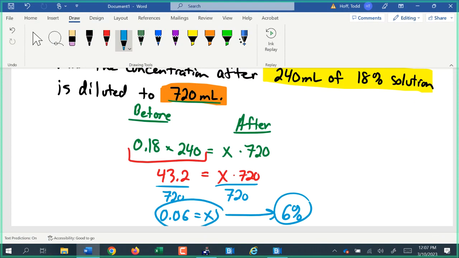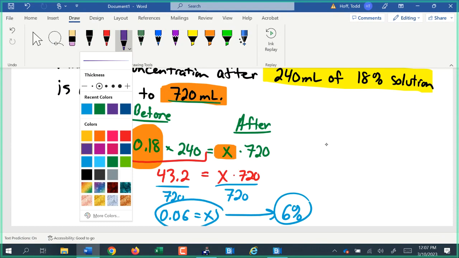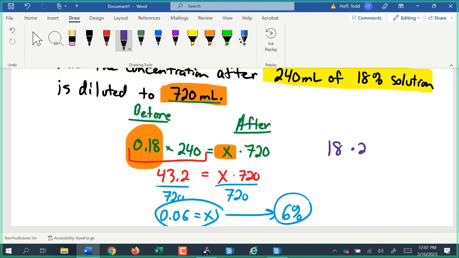Now, because this formula has a concentration on each side, I don't actually have to change it to a decimal like this. I could have left that as a percent. I could have done 18 times 240 equals X times 720.